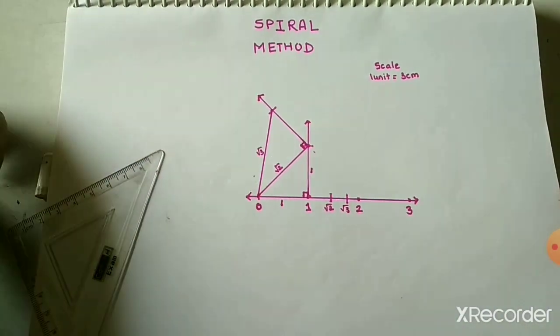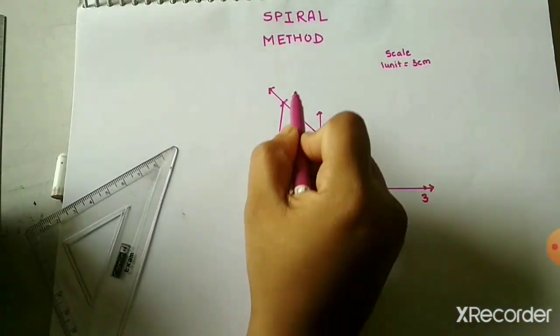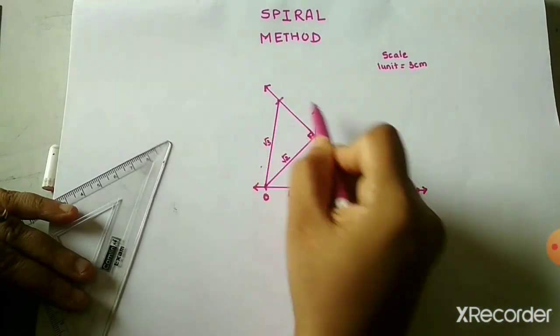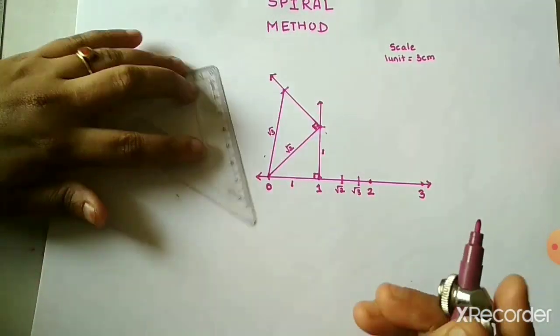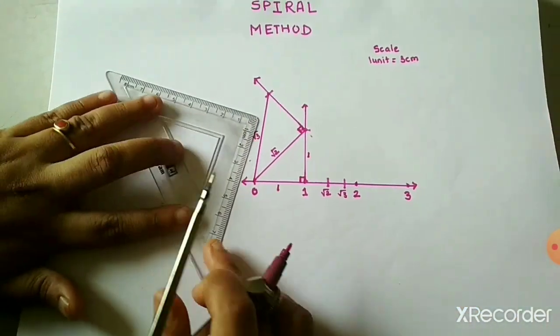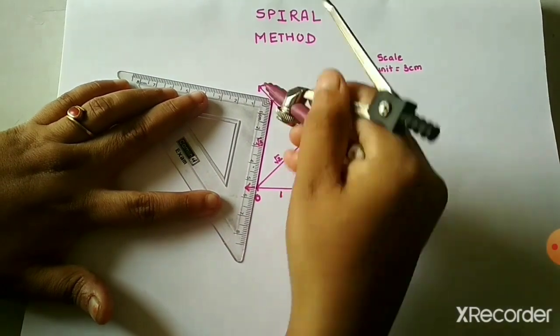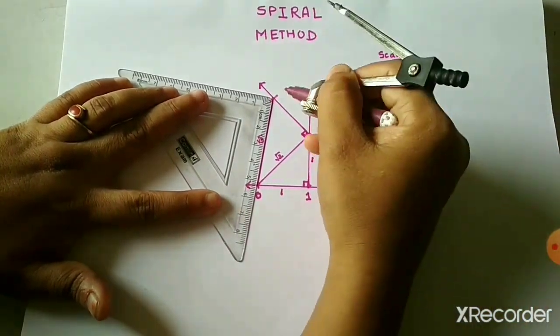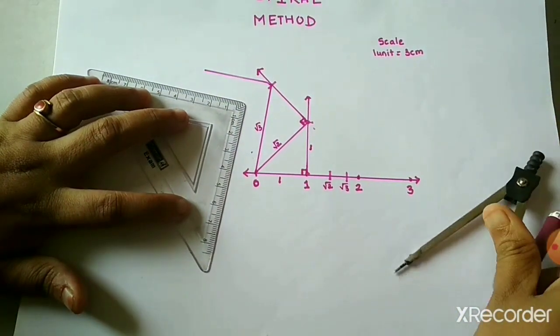Now root 4 is actually a rational number. Root 4 value is 2. So as per the construction, if we draw, we will get it exactly at point 2. Let us check now by construction. What is the next step again? Again use a set square, place it on the hypotenuse, coinciding with the intersection point, and draw the perpendicular.